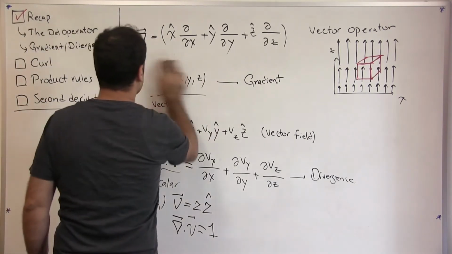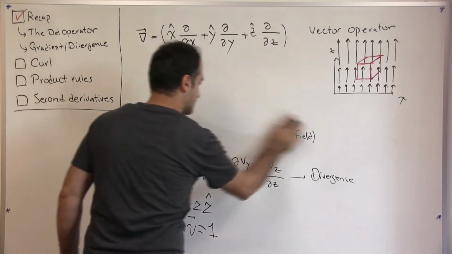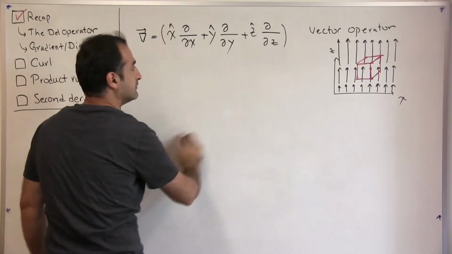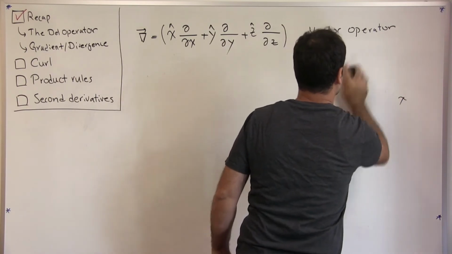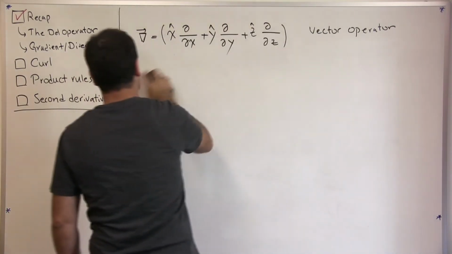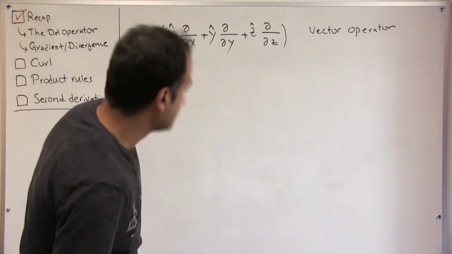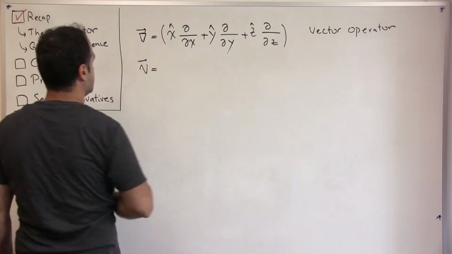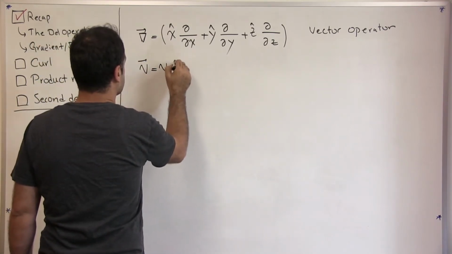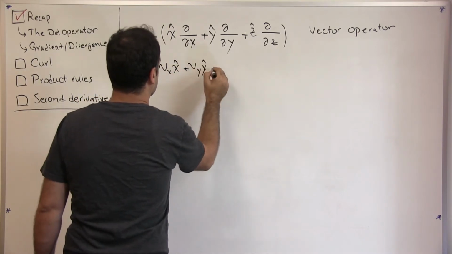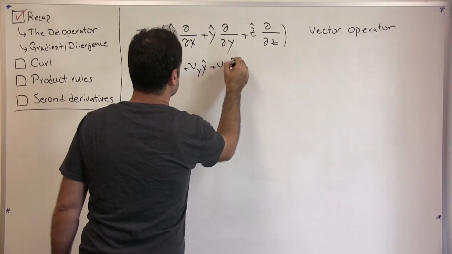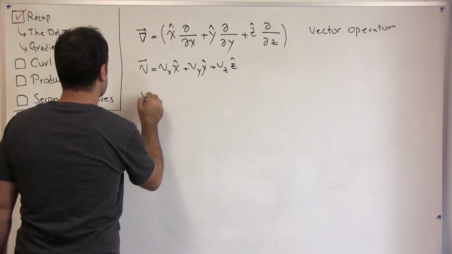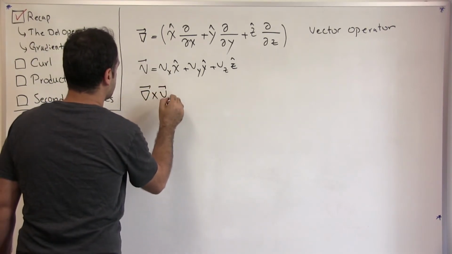So let me get rid of this and gradient. Okay, so the del operator, and now imagine again we have the vector field V, which is Vx x hat, Vy y hat, and Vz z hat. Okay, and then curl is using the cross product to apply del on a vector.